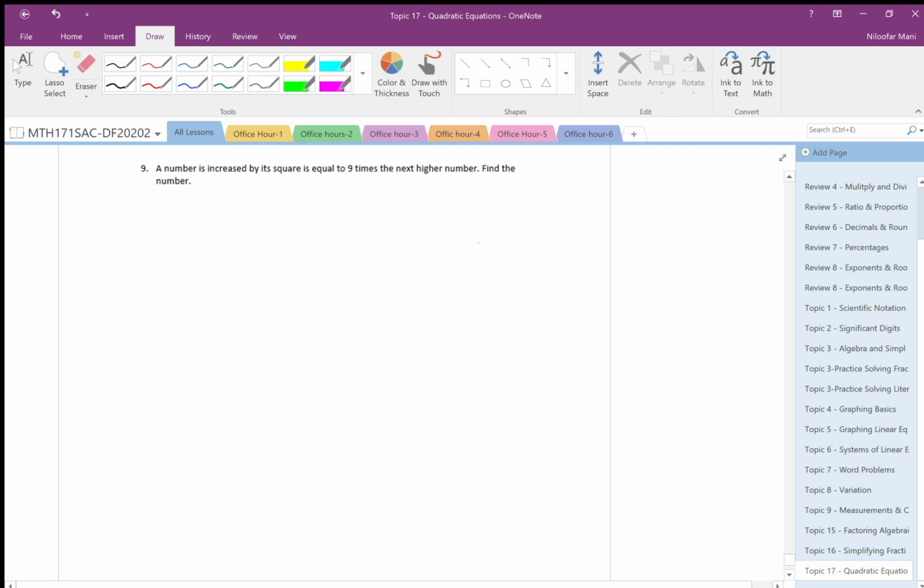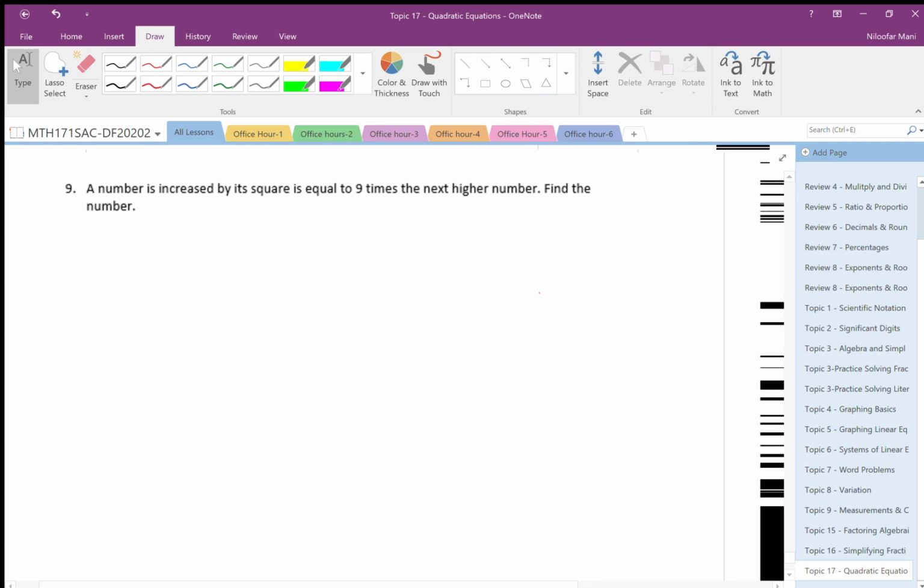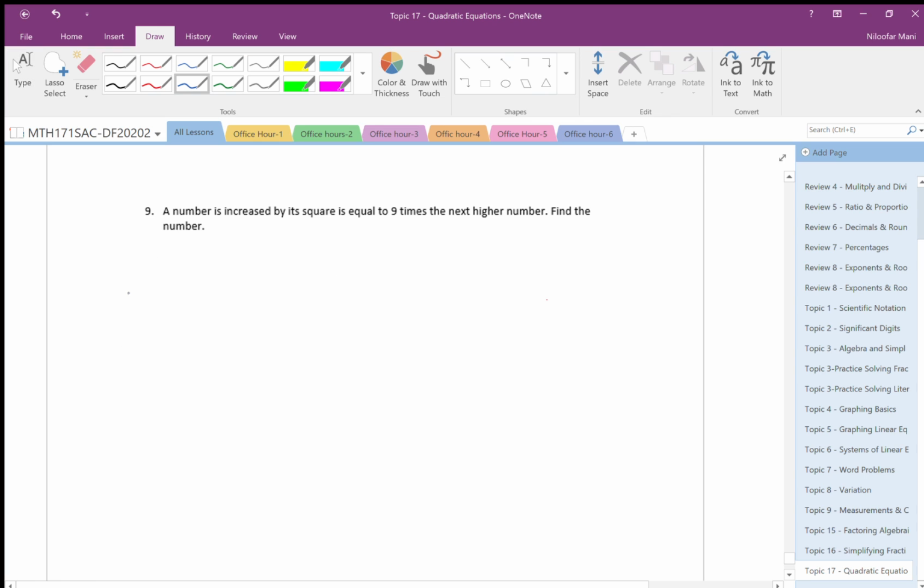Okay, so a number, here I can do this. A number is increased by its square. So it means x. Okay, so see, I read the question. A number is increased by its square is equal to 9 times the next higher number. Find the number.